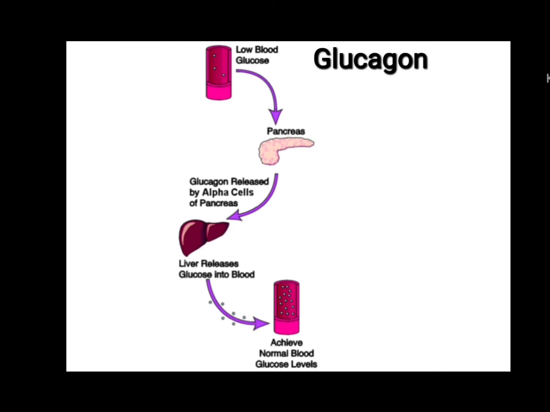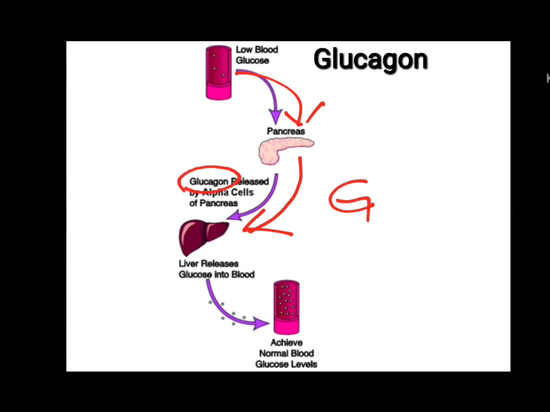So here, when there is low blood glucose level, that message is given to the pancreas, and the pancreas, through its alpha cells, releases the hormone glucagon.